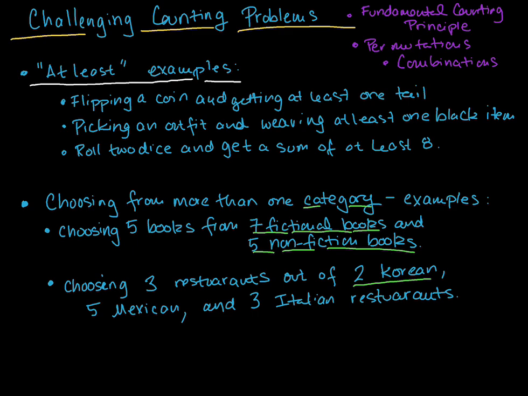So in this video, we are going to talk about choosing for more than one category, right? So choosing books out of a certain number of fictional books and out of another number of nonfiction books, or choosing restaurants out of a certain number of Korean, Mexican, Italian, so on.